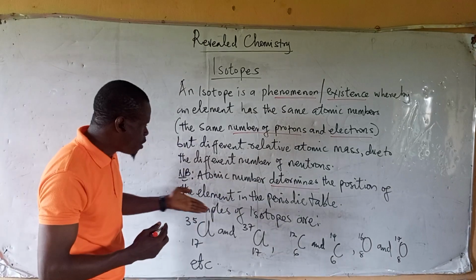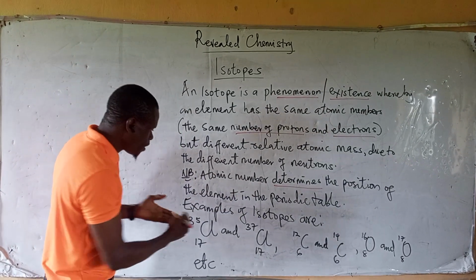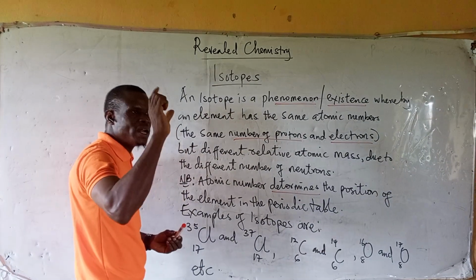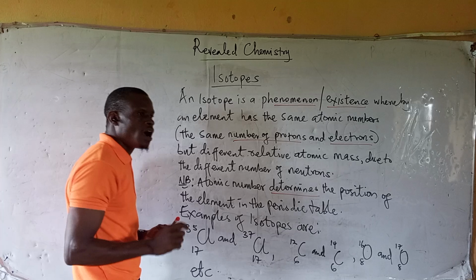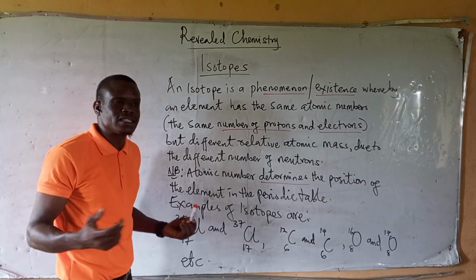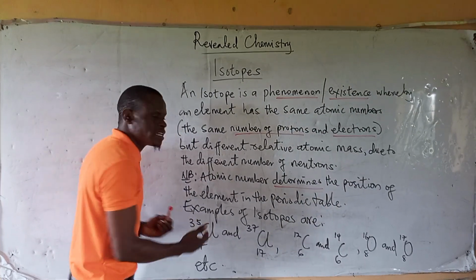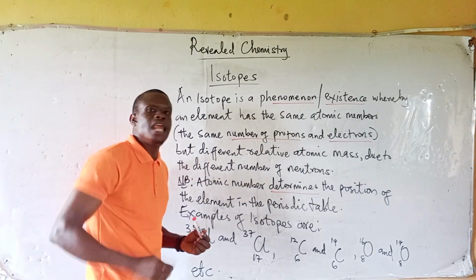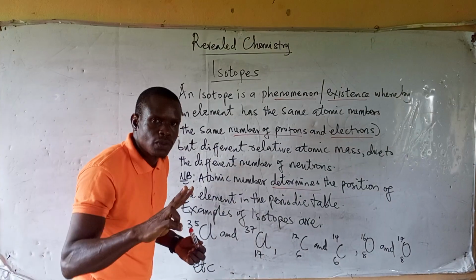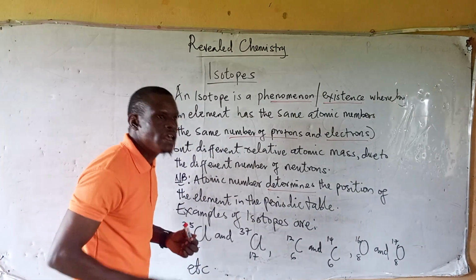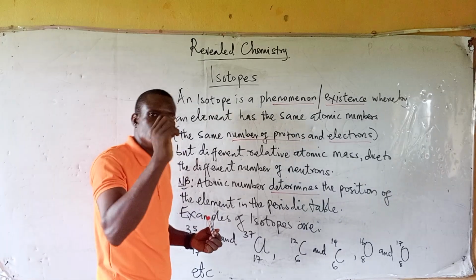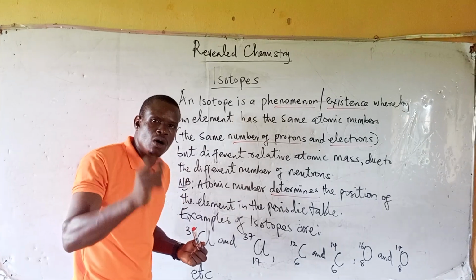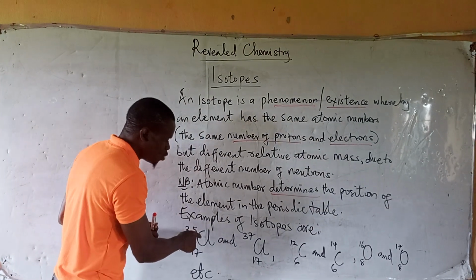Now, here are some examples of an isotope. Here you have chlorine. The symbol of chlorine is Cl, capital letter C and small letter L. Most of you may be asking why I'm writing a capital letter C and a small letter L. When you have an element with two alphabets, the first alphabet will carry a capital letter, while the second alphabet will carry a small letter.